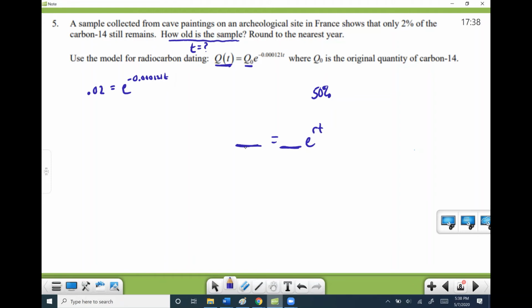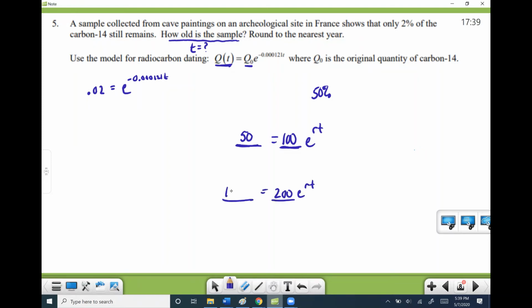Well, I claim it doesn't matter, because let's say the initial amount was 100. Okay, so if the initial amount was 100, and it decayed, right, you have 50% left, then this should be 50, shouldn't it? If I start off with 100, then I'll end with 50. Okay, and it doesn't matter, let's say that I started off with 200, and 50% is left.